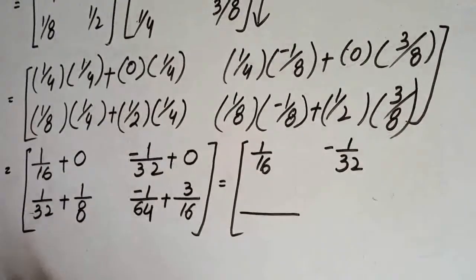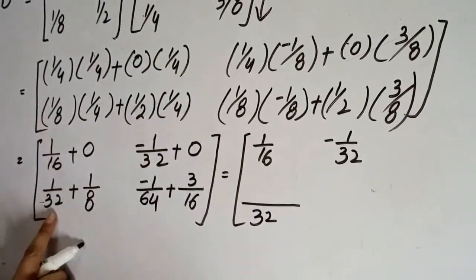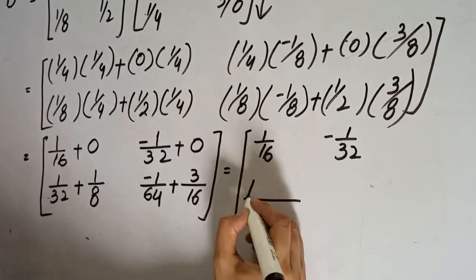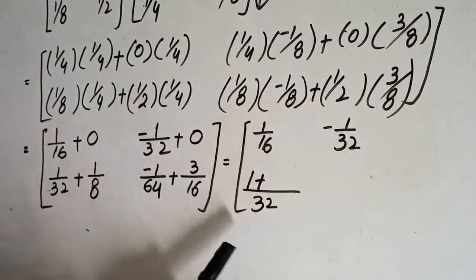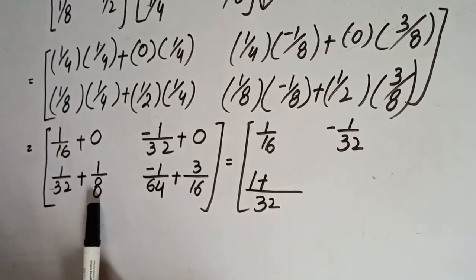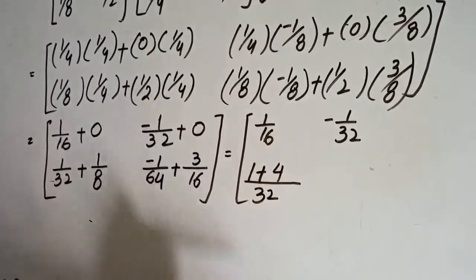The LCM of 32 and 8 is 32. 32 divided by the denominator, that is 1, 1 multiplied by numerator, 1 into 1, plus 32 divided by 8. 8 4s are 32. 4 multiplied by 1 will be 4.